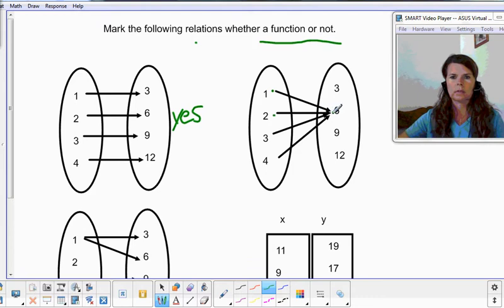This x value has just one y value. Now the y values are the same, but it just says each x value can only have one y value. Like if I had a line going to the 3 from the 1, now it's a problem. If I had another line going from the 2, it's a problem. But this is 1, 6, 2, 6, 3, 6, 4, 6. The x's do not repeat, so yes, this is a function.